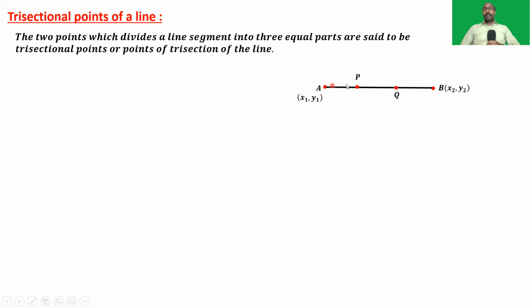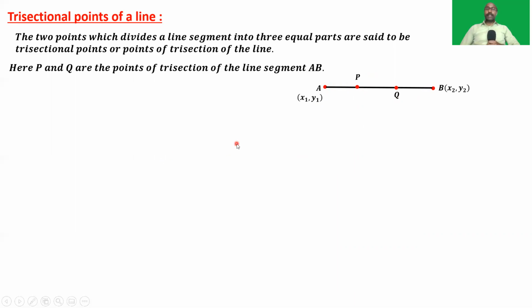So if AP is one part, PB is two parts here, and AQ is two parts and QB is one part. So here P and Q are the points of trisection. P divides AB in the ratio 1:2 and Q divides in the ratio 2:1.